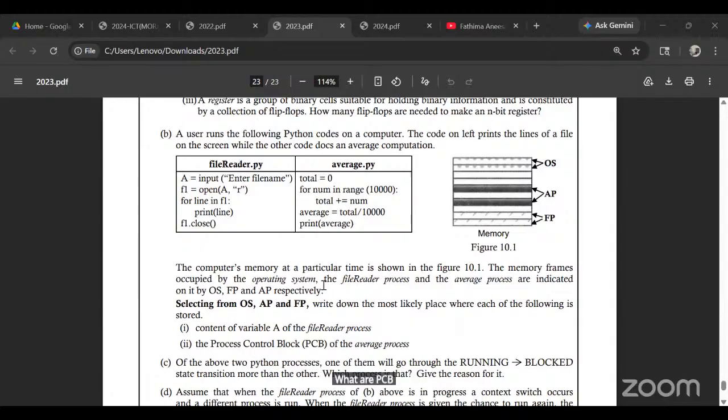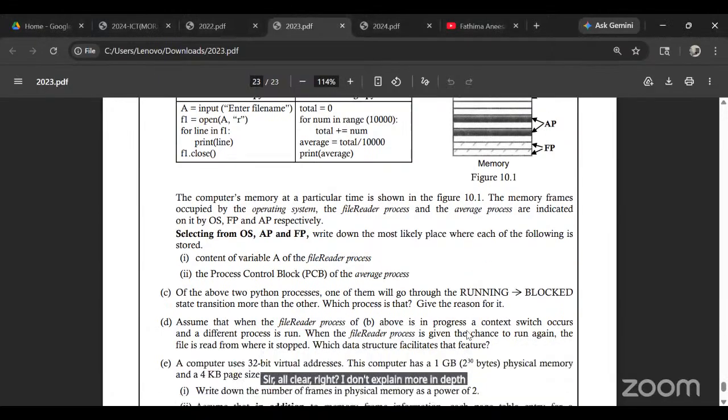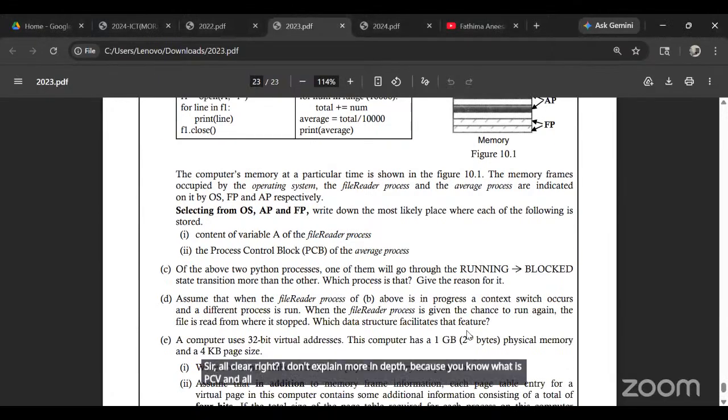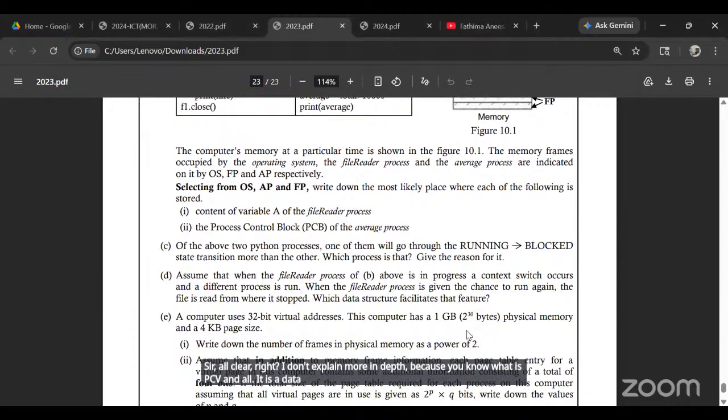PCBs are data structures managed and stored by the operating system, again in kernel memory, right? Kernel memory comes in between. So the answer is operating system. Very good. All are correct. So all clear, right? I don't explain more in depth because you know what a PCB is. It is a data structure, right?